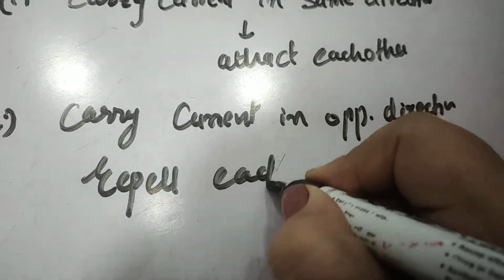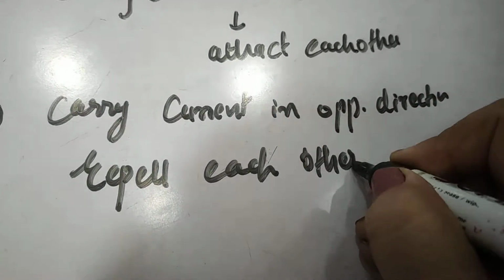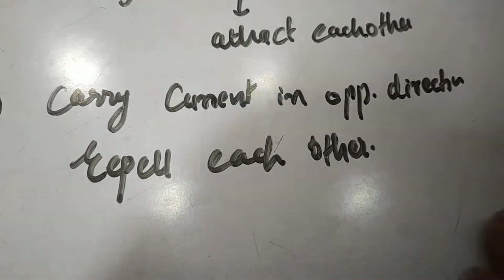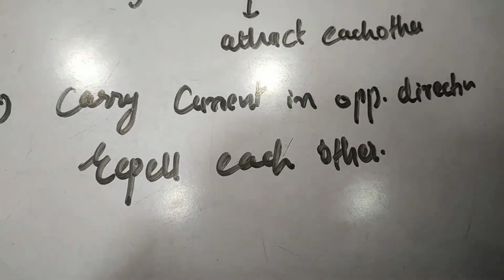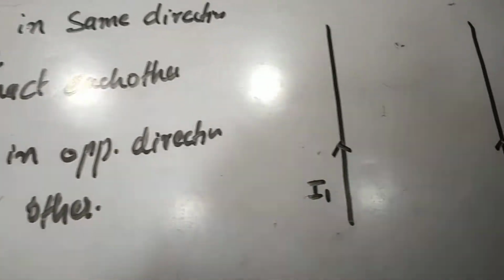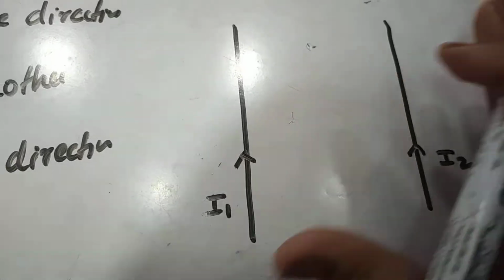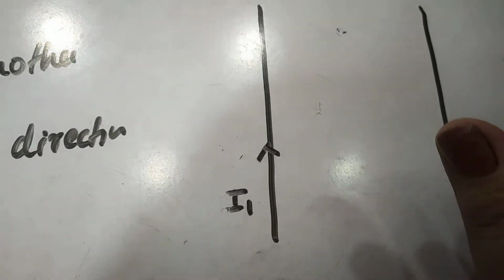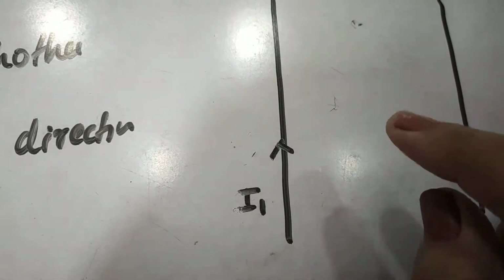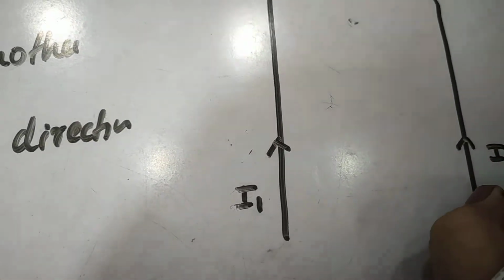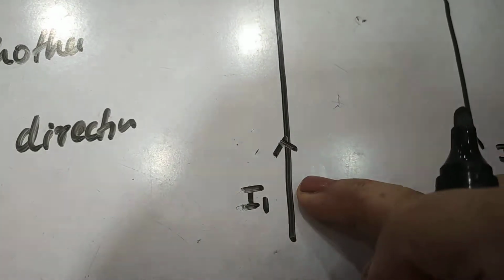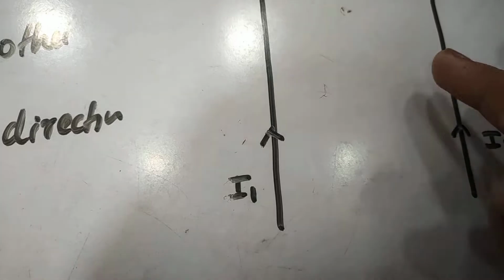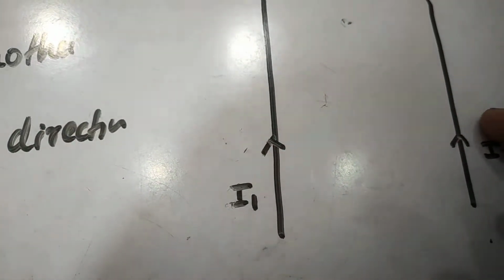Repel each other. Now we will see how, and what is the magnitude of force which is acting over these conductors, right? Now look at this diagram. You can see here there is no external magnetic field acting at any of these points, right? So if they are attracting each other, it means the force on one is due to the magnetic field of the other, and also the force on the second is due to the magnetic field of the first.